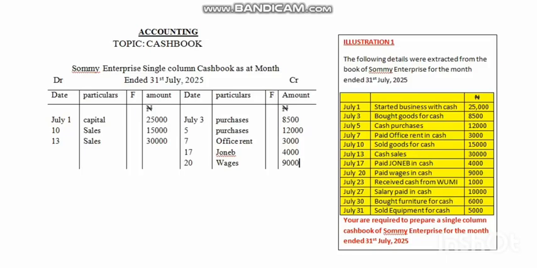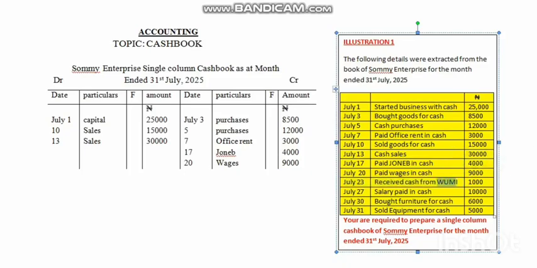Then what happened again? On July 23rd, you receive cash from Wumi. This is cash inflow because it is the cash that you receive, so the cash is coming into the business. From who? From Wumi.